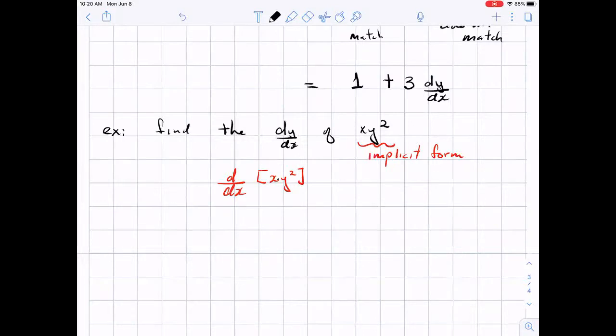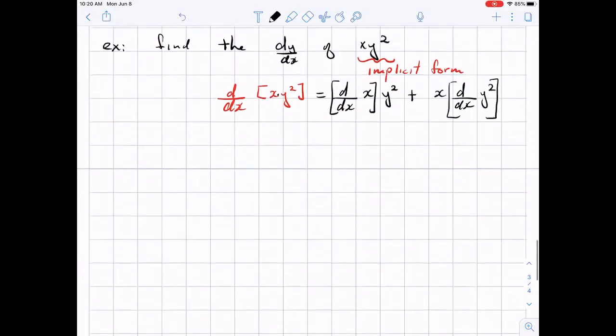So what is d dx of x, and we keep the second function, so we're really doing this here, and then plus we leave the x, and then d dx of y squared.